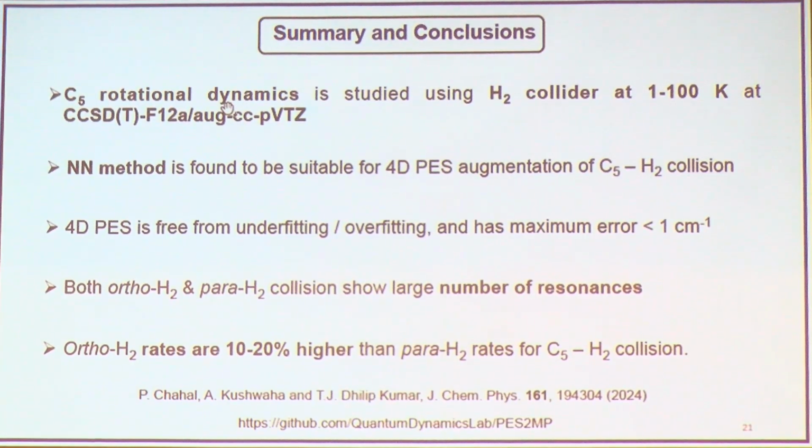So we use a machine learning technique to get the 4D potential surface, after making sure the surface is free from overfitting or underfitting, and we went ahead and computed the close coupling equations and got the rates. In the cross sections, we found a lot of resonances, and what we observed is that ortho hydrogen rates are always higher than the para hydrogen rates. This is about the C5H2 molecule.